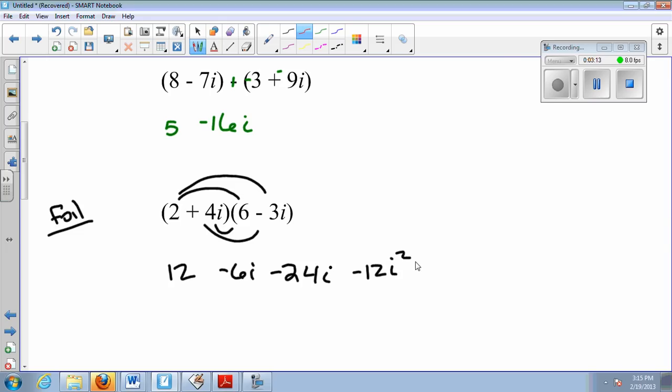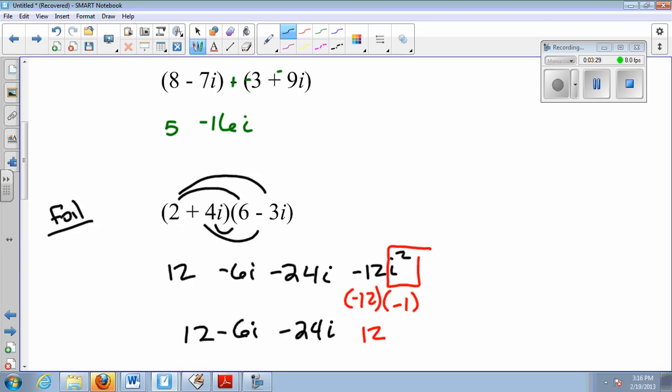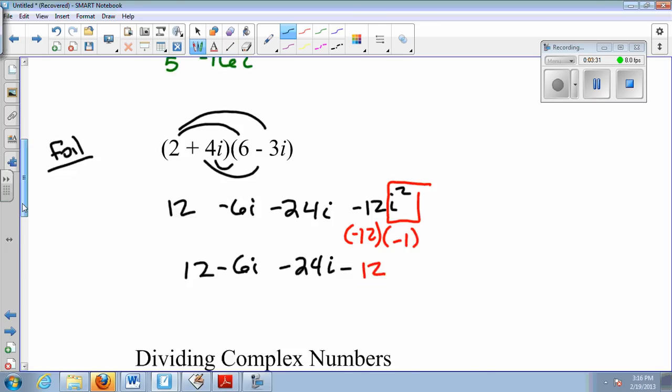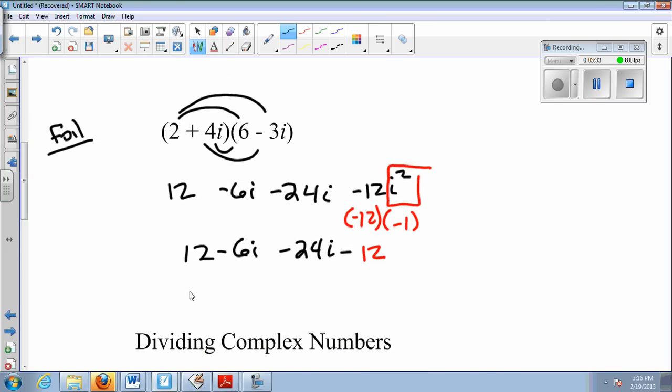But we said earlier i squared is -1. So it goes to -12 times -1, which is 12. So we combine our like terms now, and the 12s will cancel, and we are left with 18i.